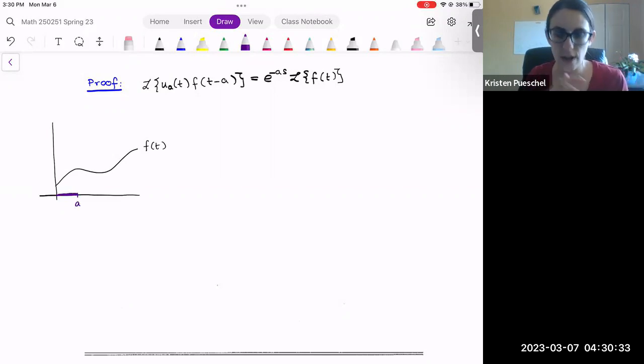So it's going to turn on our function. That f of t minus a piece is going to take our f of t function and shift it to the right by a. Basically, we take what the value was here at 0 and shift it so that it starts here at a.